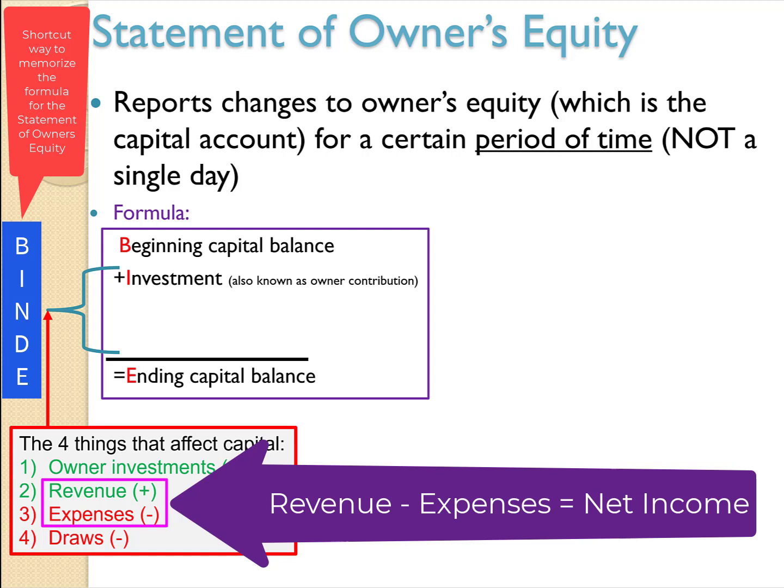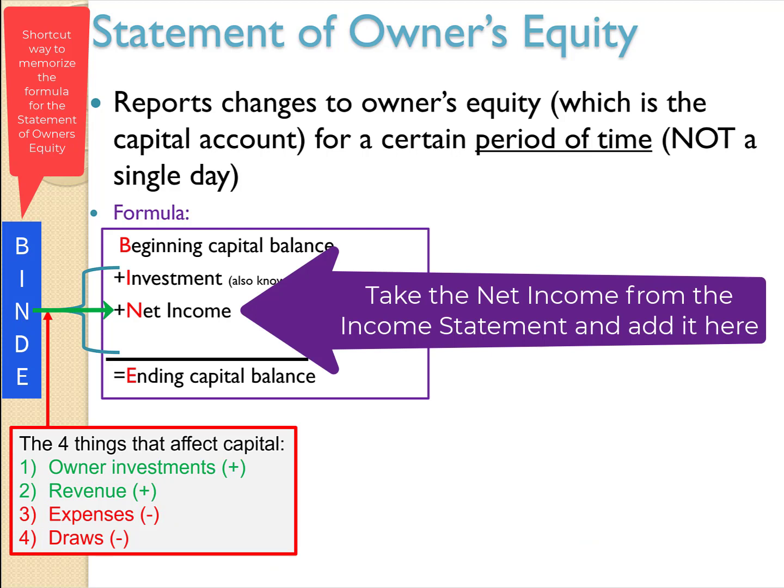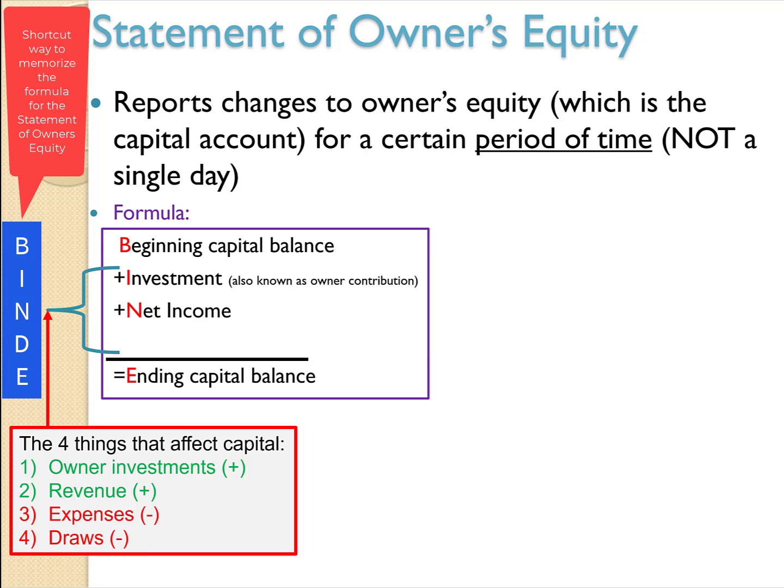So the income statement produces net income, which already has revenues minus expenses in it. So for the statement of owner's equity, we're just going to find the net income from the income statement, and we're going to add it here. Now, of course, if the company had a net loss, we would subtract a net loss, because that's going to lower capital. And then the last thing that affects capital are draws, so we're going to subtract draws.